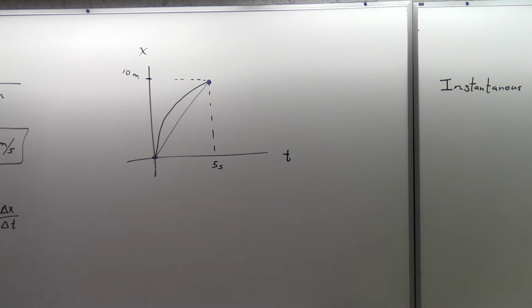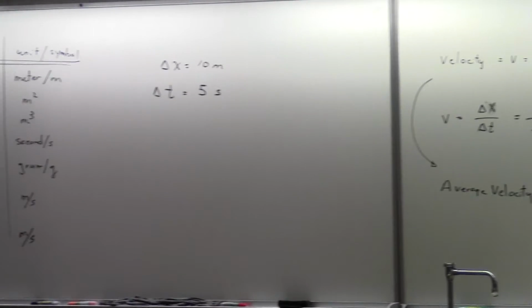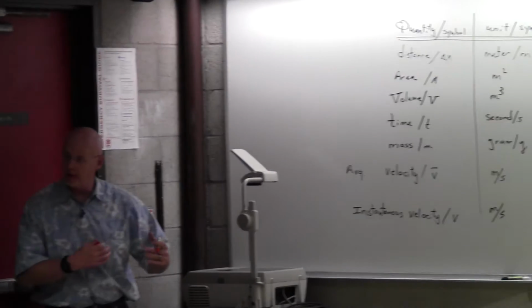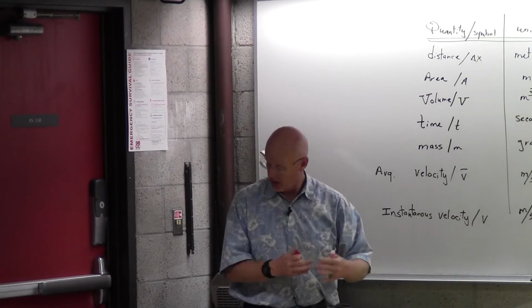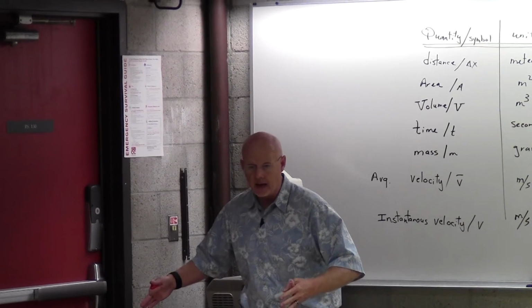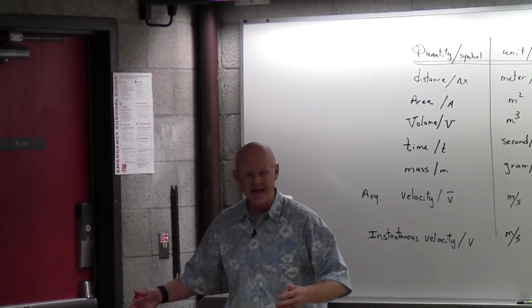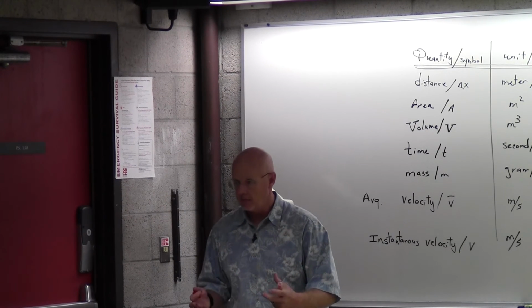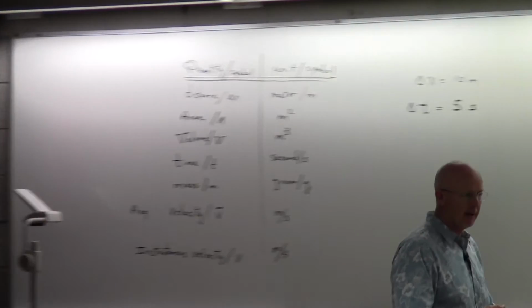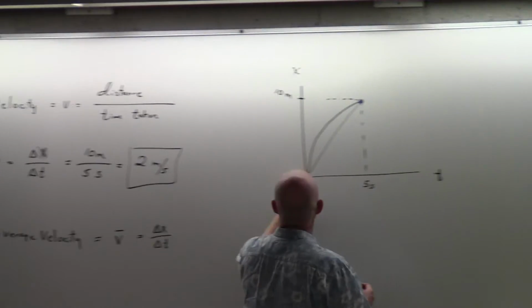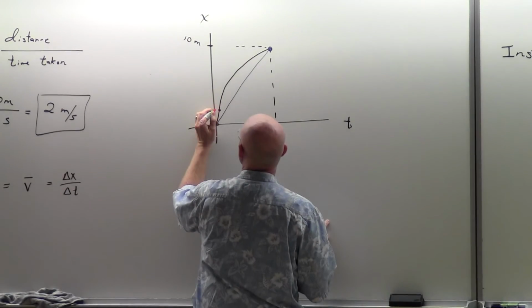And say, all right, if I wanted to know my instantaneous speed here at the beginning, I would take a short distance, maybe 1 step, and divide it by that time. And even then you might say that is too long of a time. Then I could take a shorter amount of time. But let me just do that first step. Let's say the first step took me all the way to here.